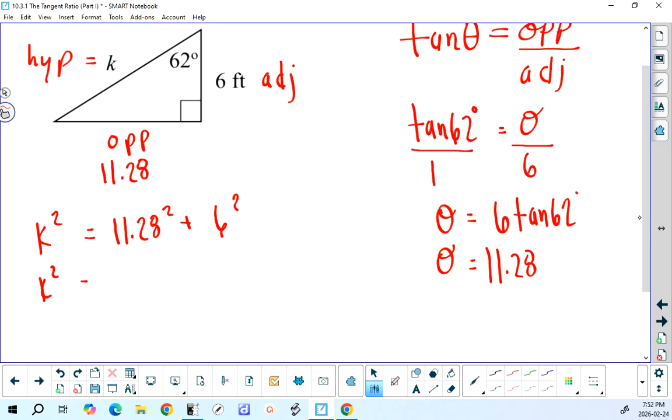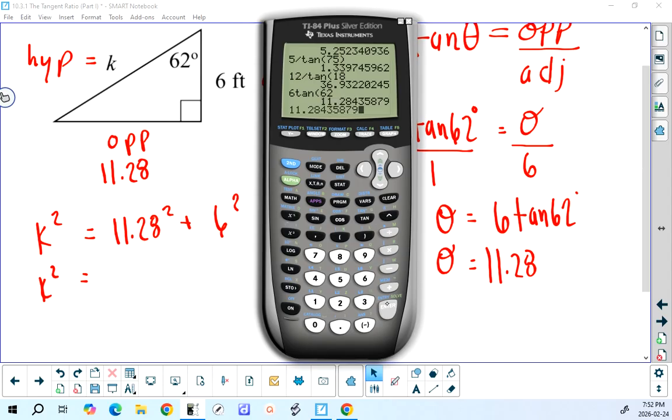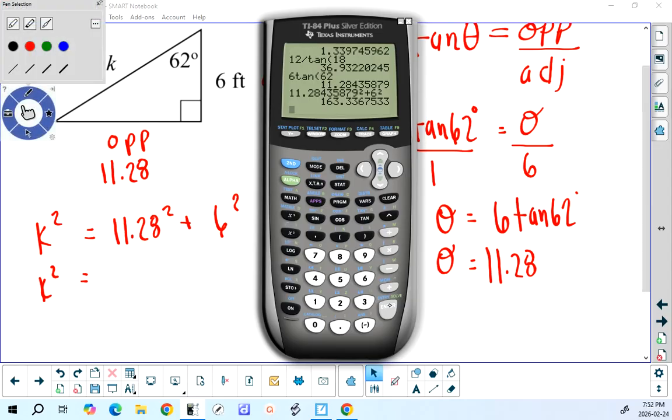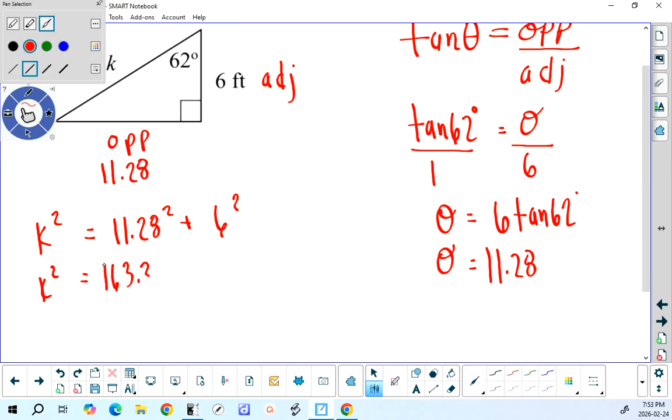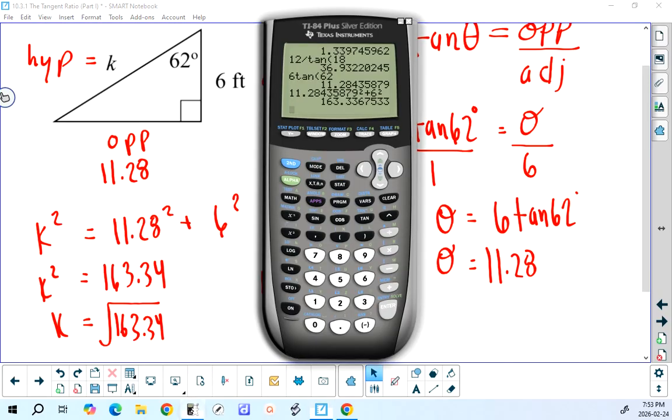So k squared will equal, I need to take this number and square it and add 6 squared, 163.34-ish. And then, of course, we have to take the square root of that. Let's see, square root of the answer, about 12.8. So k is about 12.8.